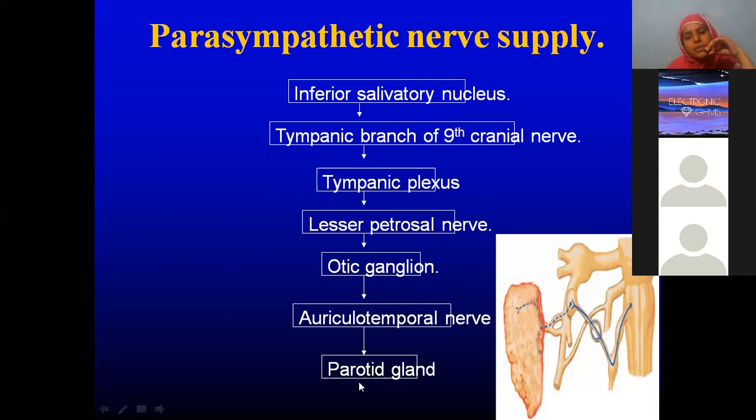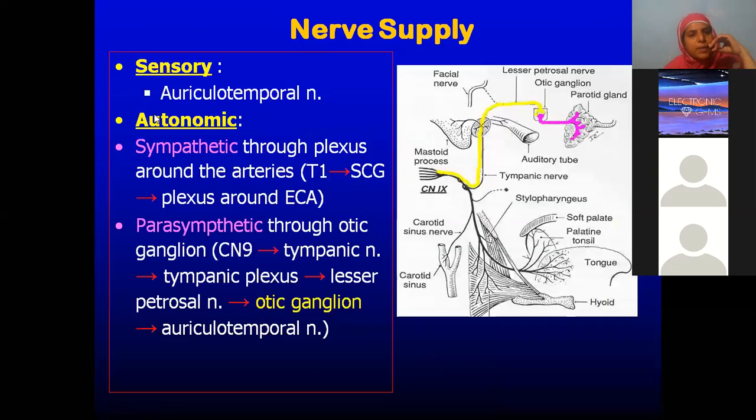So this you should remember well, otic ganglion. This flowchart is given in all textbooks, parasympathetic nerve supply. Sensory supply is coming from the auriculotemporal nerve. Then autonomic is sympathetic, parasympathetic, what I just discussed. Okay. This is an animated picture.